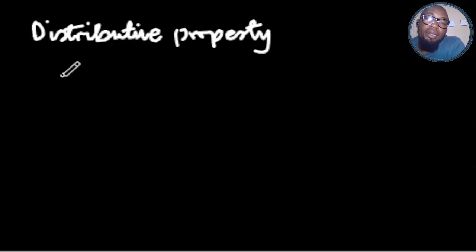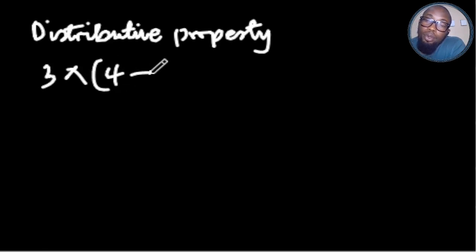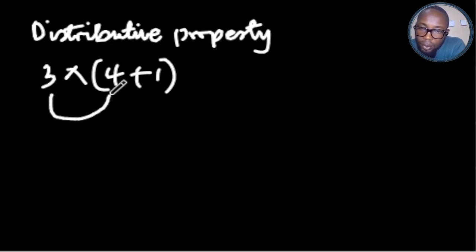Distributive properties is saying that if, for example, I say 3 times 4 plus 1, it is the same thing as we can distribute. 3 will multiply 4, and we also say 3 will multiply 1.